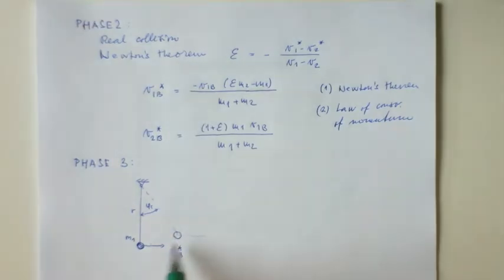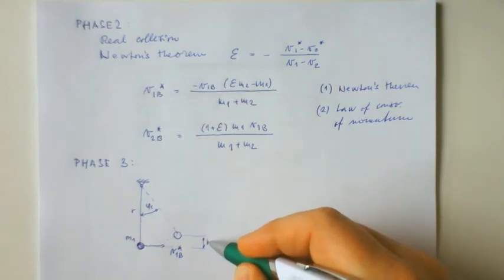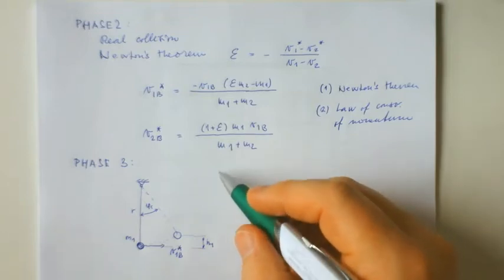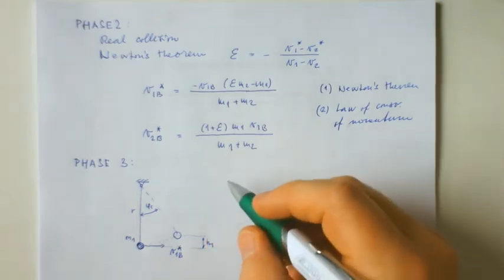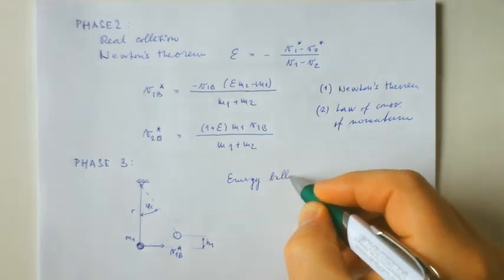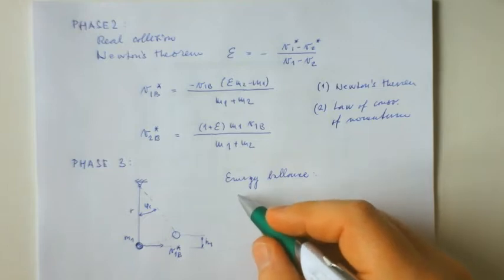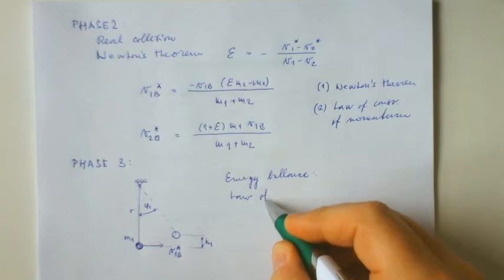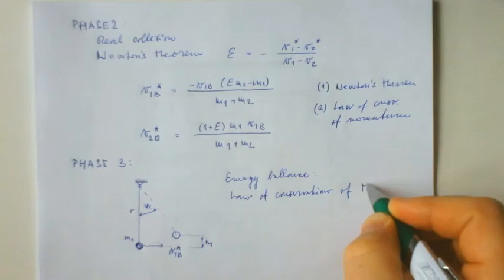So what is this height? It is h1. We use the same approach as previously, an energy balance, or more specifically we use the law of conservation of mechanical energy.